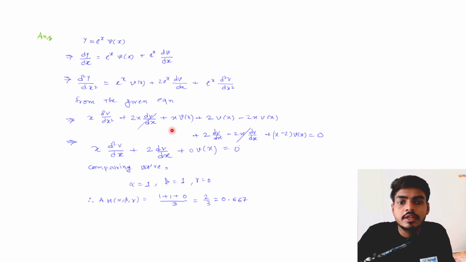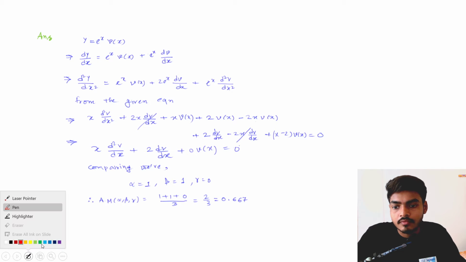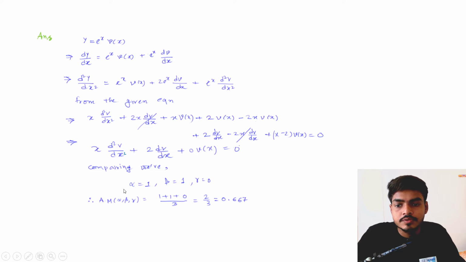If you put these in and do the calculation, you will get x d2v/dx2 plus 2 dv/dx plus 0 v(x). Okay, this form.